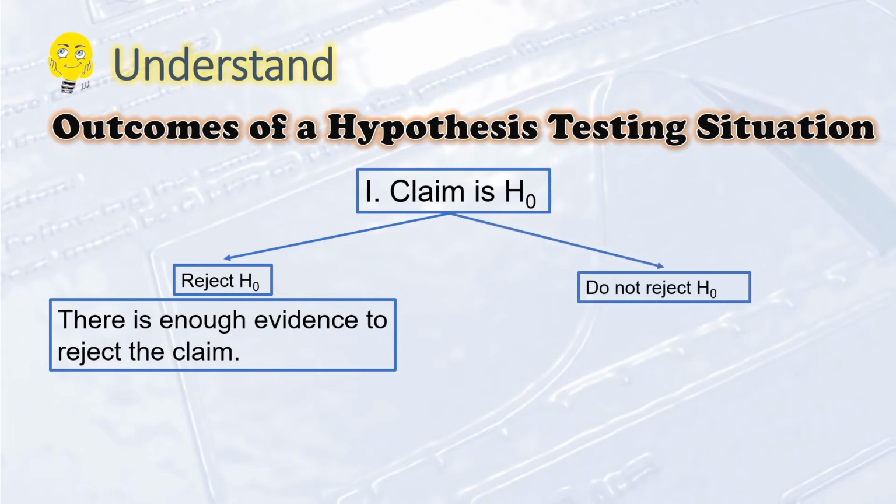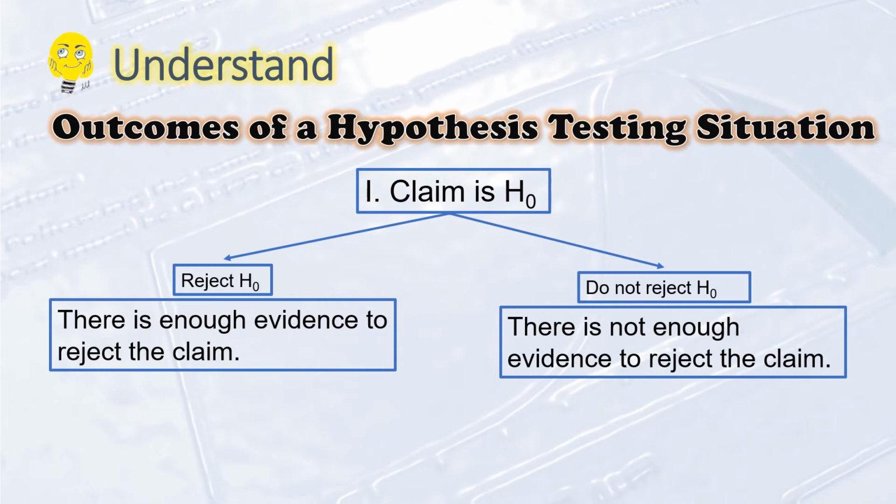When the null hypothesis is not rejected, that is, do not reject H sub 0, the conclusion is there is not enough evidence to reject the claim.